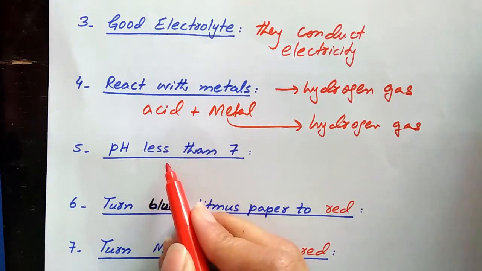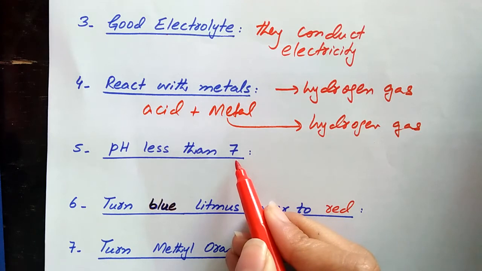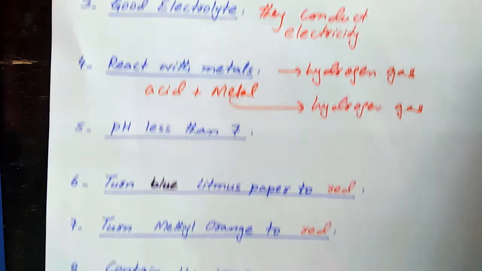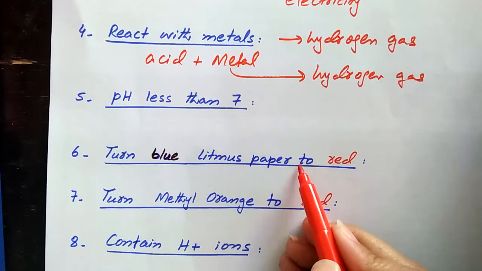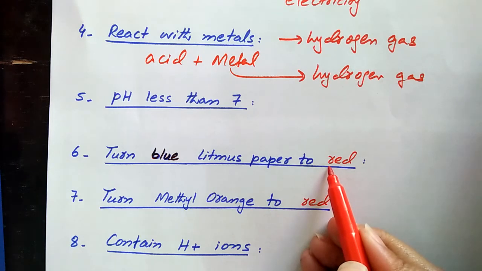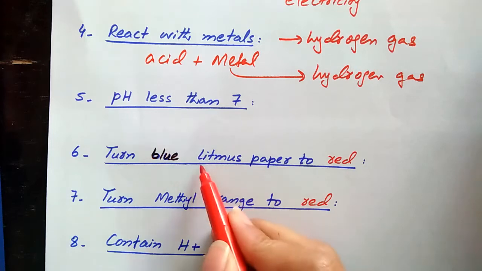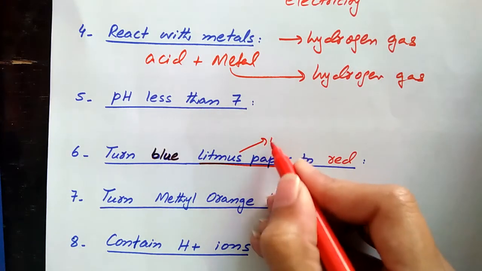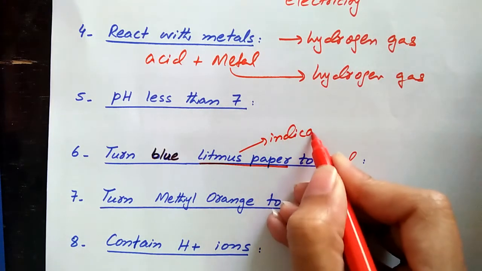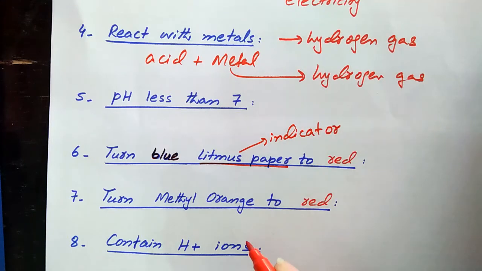Acids have pH less than 7. They turn blue litmus paper to red. Basically, this litmus paper is an indicator that we will discuss later in the next video.